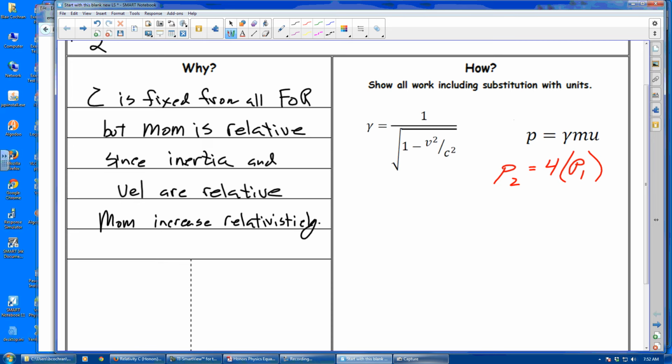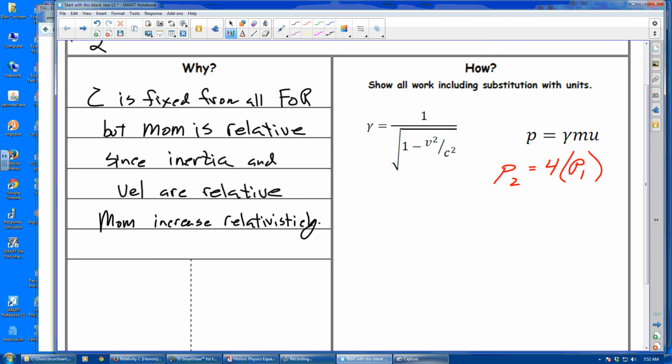So I'm looking for my momentum to be 4 times as great. And U, remember, is just the velocity relative to the frame that I'm measuring it in.